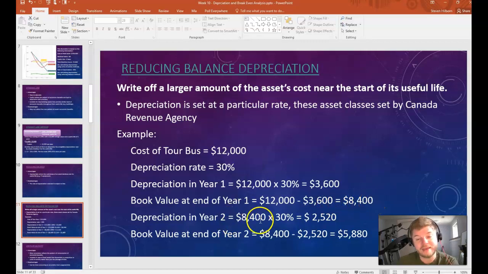Year two, 8,400 times that 30% depreciation rate is 2,520, and the book value at the end of year two is 5,880. If you wanted to do year three, it'd be 5,880 times 30%. So it sets that percentage. The percentage doesn't change, but the amount of depreciation changes over that time.